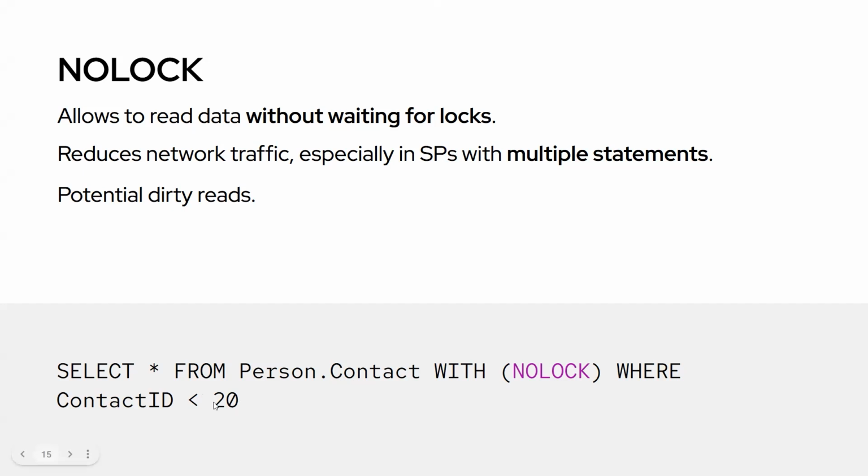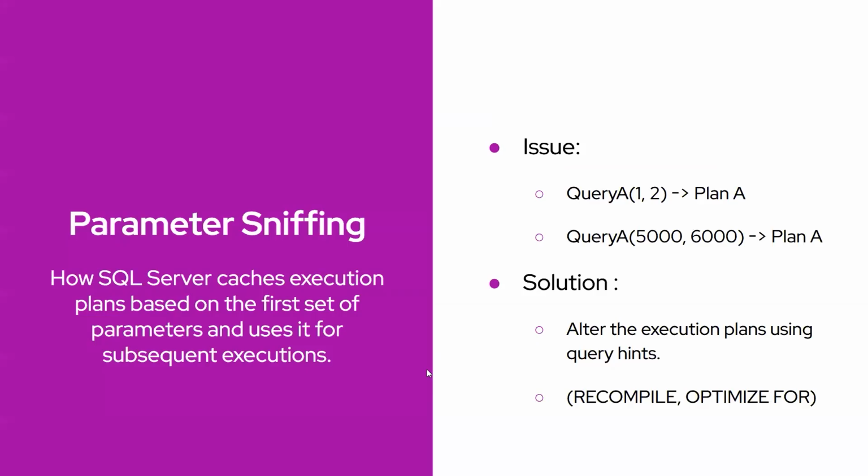When we put the NOLOCK, this query won't wait for any other operations to be finished on this resource, the contact table. So when we use this, it reduces blocking, especially when we use it in stored procedures with multiple statements. When the processes are not finished on the contact table, there will be dirty reads because this is not the final data in the contact table. So let's quickly move into our next slide.